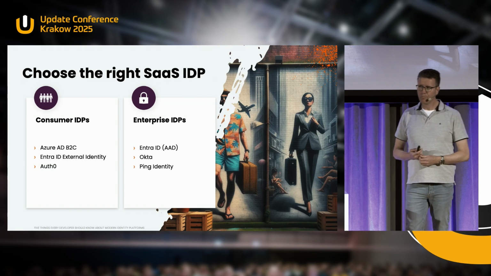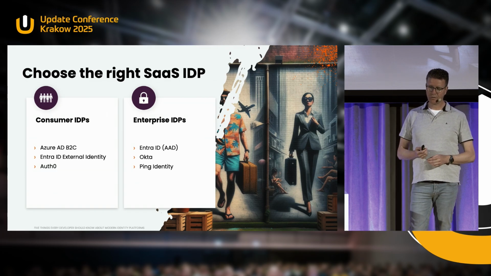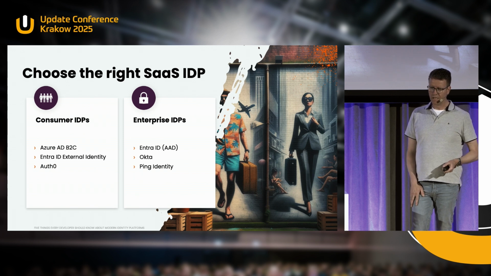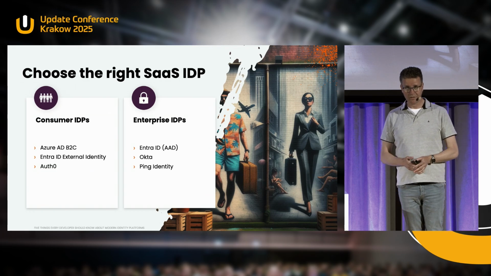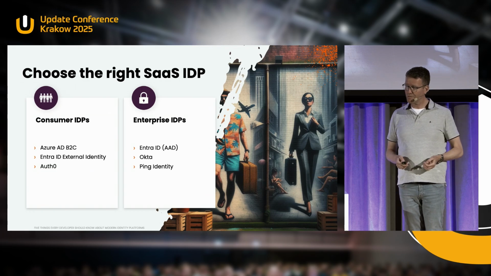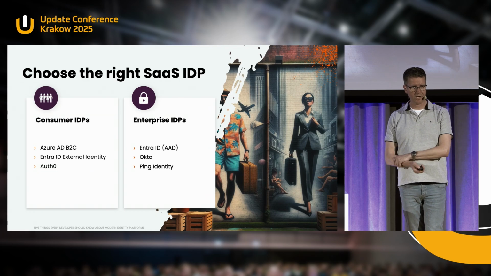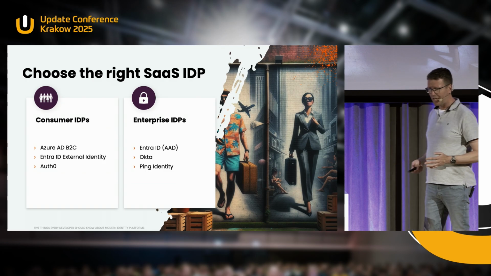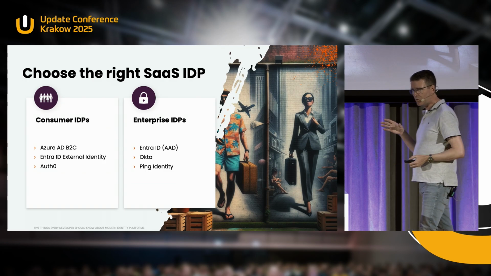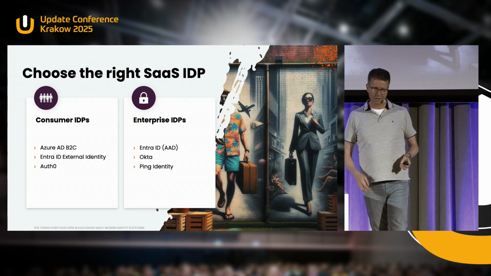Another popular consumer IDP is Auth0. It's currently owned by Okta, which is a really renowned IDP vendor. So if you are ever in the market of choosing a customer IDP, then please make sure to have a look at these ones.